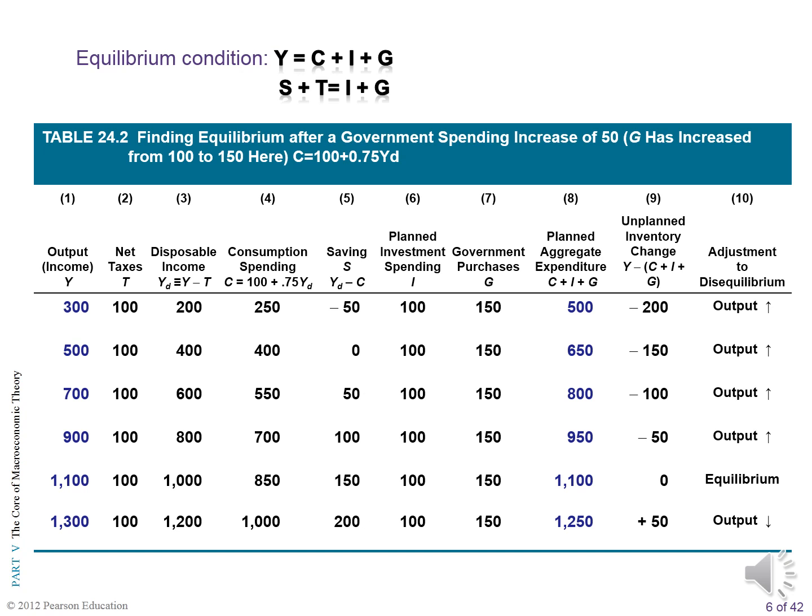So to get planned aggregate expenditure, I say C plus I plus G. C is 250 plus 100 investment, which is 350, plus G 150, so that is 500. So I add G plus I plus C, consumption, and get the aggregate expenditure.